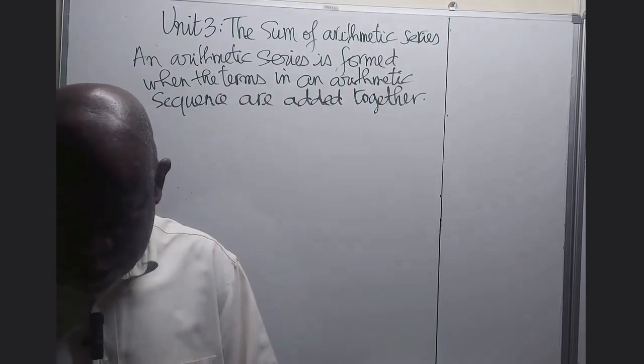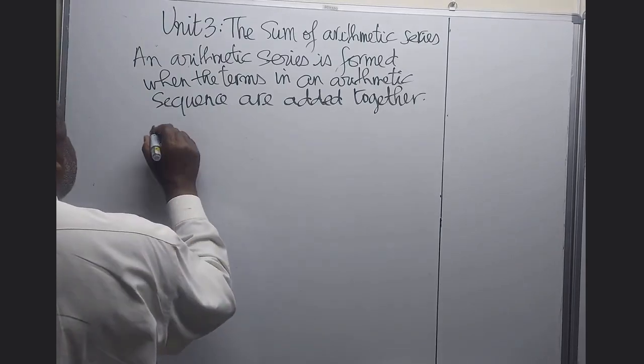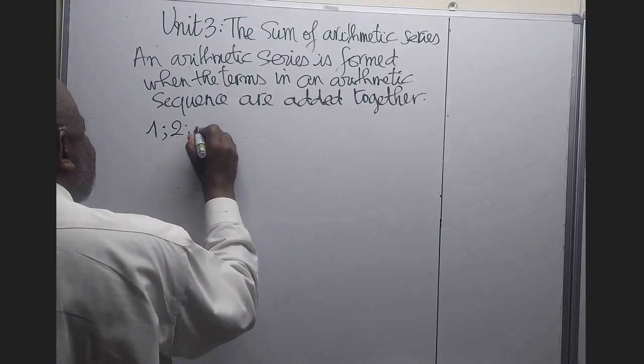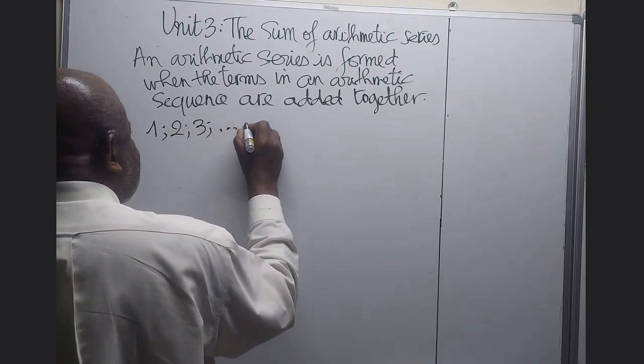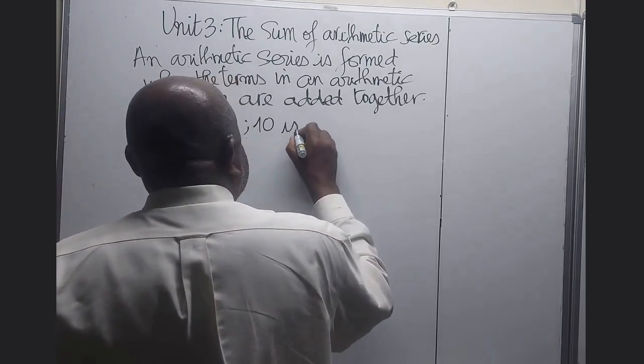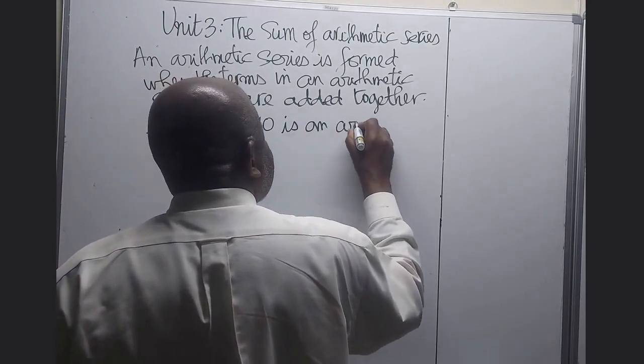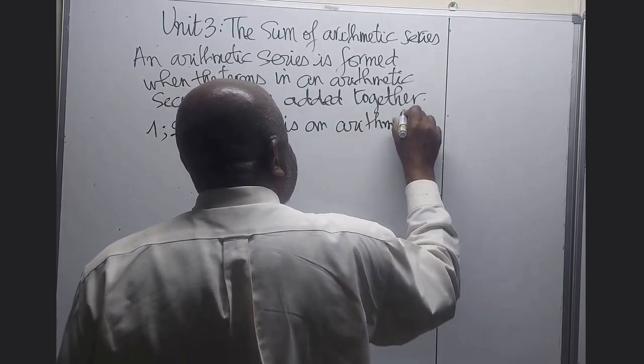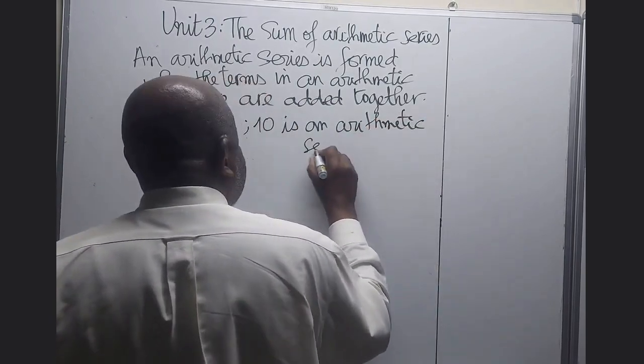So let me consider these first numbers: 1, 2, 3, dot, dot, the last one will be 10. This is an arithmetic sequence.